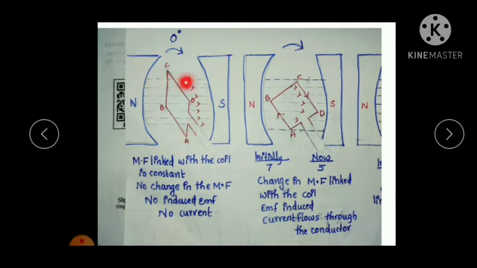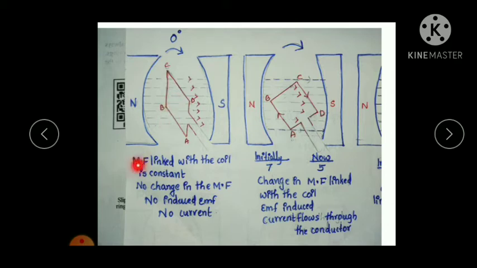Since all the magnetic field lines are passing through this armature, there is no change in the magnetic flux linked with this coil. Therefore, there will be no induced EMF and no current.